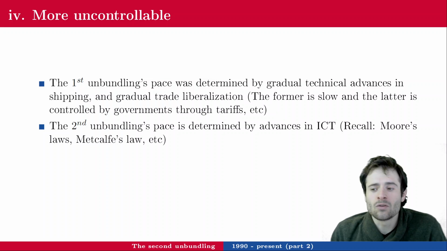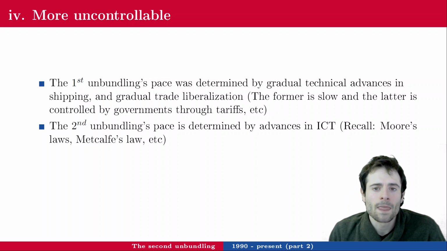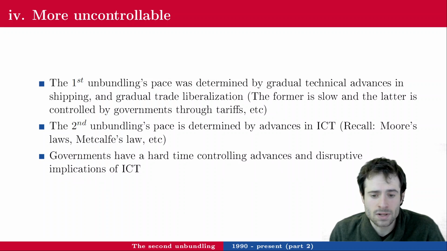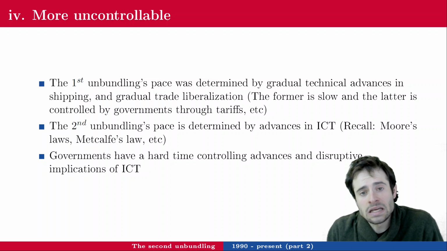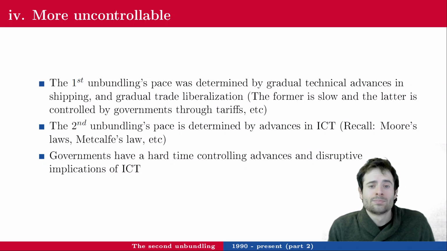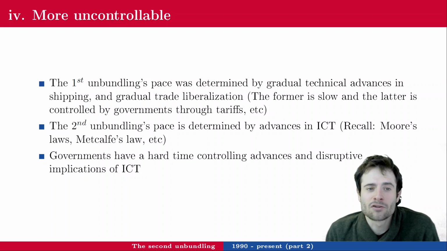And we've seen that with Moore's law, Metcalfe's law, and so on. We saw that those innovations go so fast that it's very hard for a government to keep up with. Whereas in the past, when it was just about investing in railroad densities, those investments would be pushed by governments. So they would control the pace of the first unbundling.